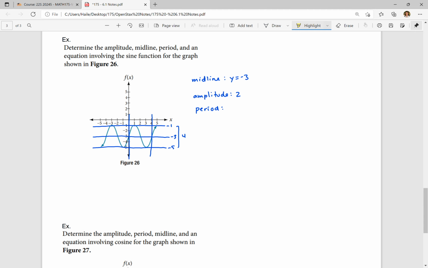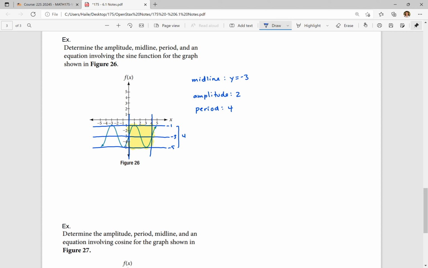So the period that I'm looking at is this area in here. Okay, so the length of the period is 4 because that's basically the width of this box that I've drawn around the function. So now we've found almost everything they've asked for, the midline, the amplitude, and the period.